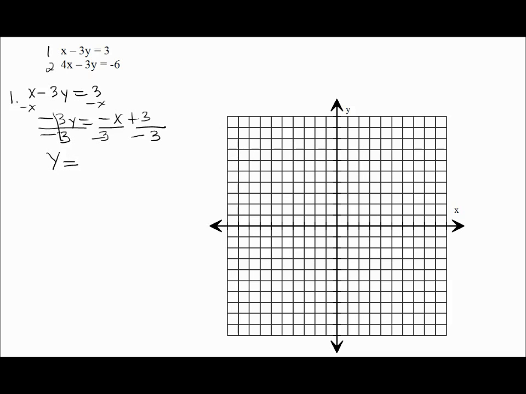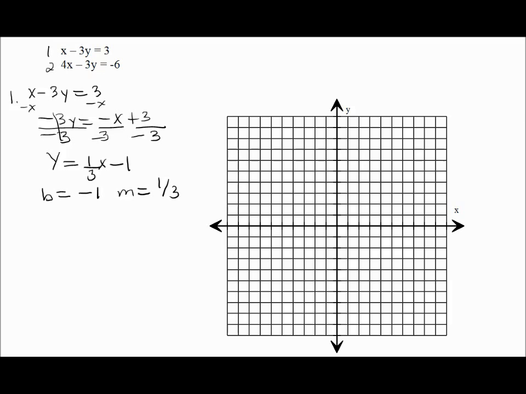Now when I get here to this negative x over negative 3, that's the same as 1/3 x. And then positive 3 divided by negative 3 is negative 1. So here my y-intercept is negative 1, and my slope is 1 over 3.